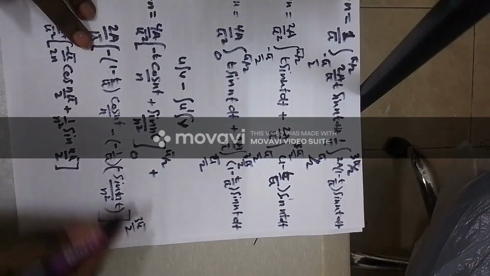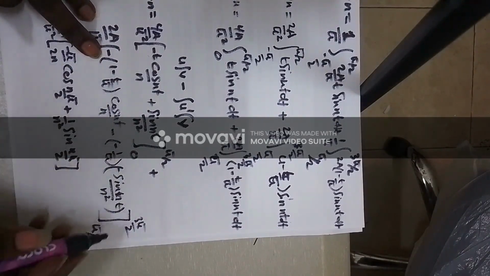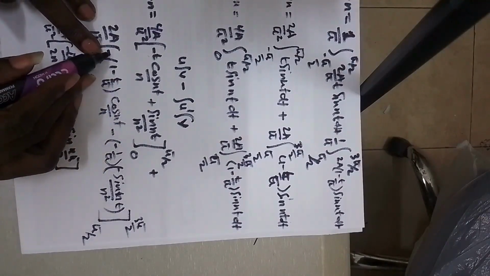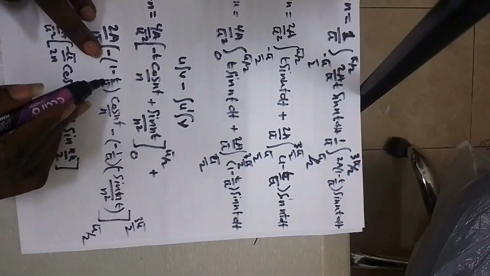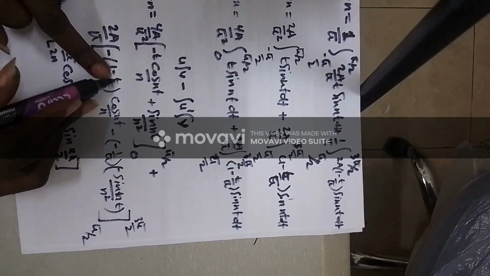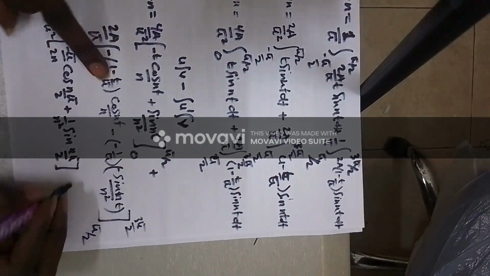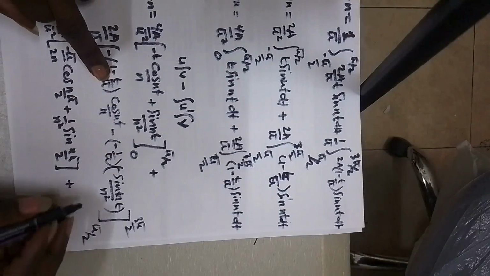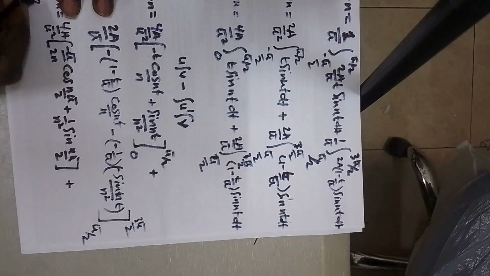So now let me see how those limits will go. If I put 3 pi on 2 here, this one is going to be minus, and let me first write plus, and then bring my 2a on pi here.